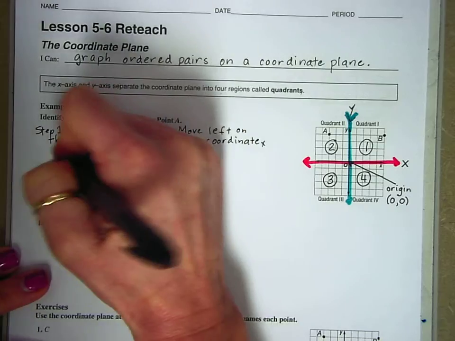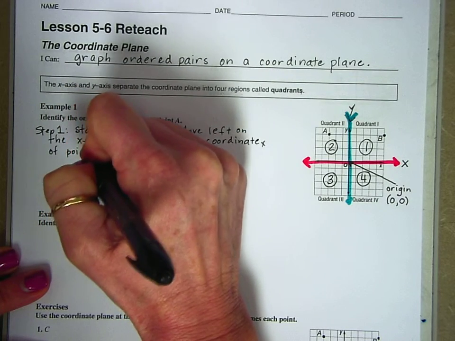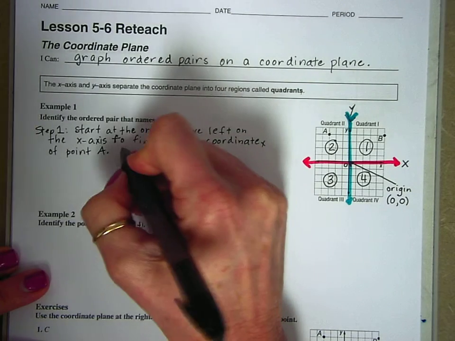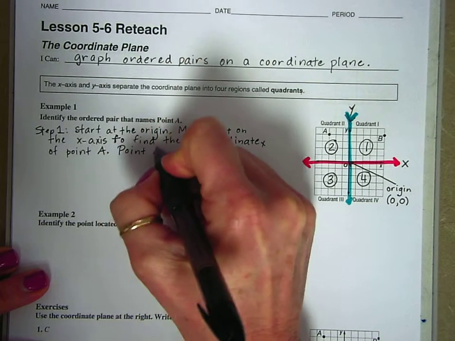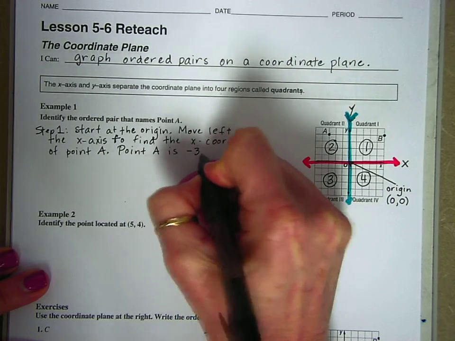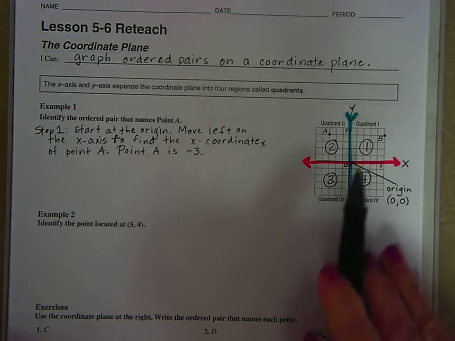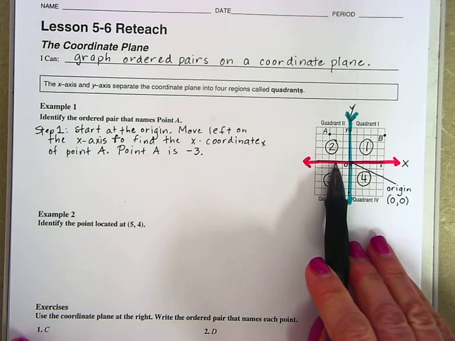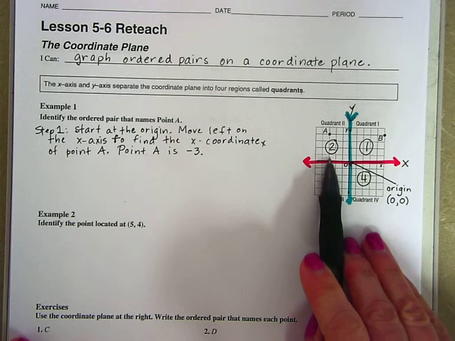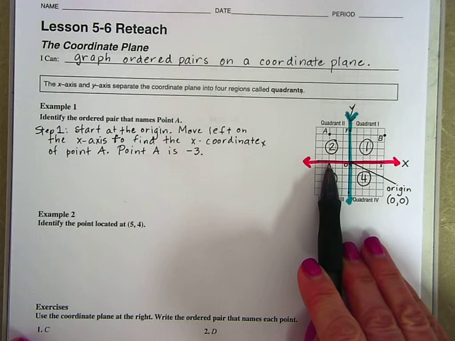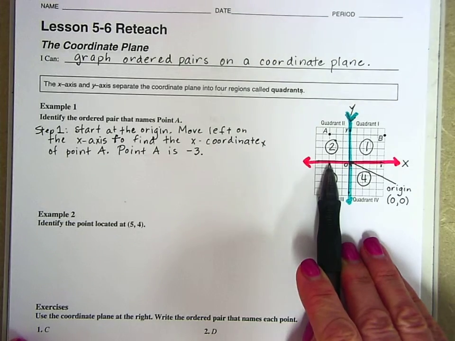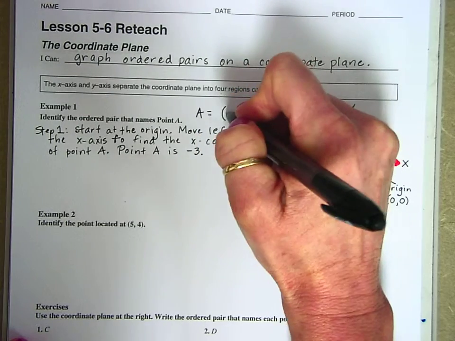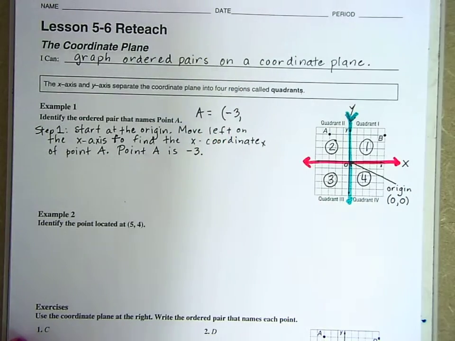Point A is -3. So starting at the origin, knowing I'm trying to get to A, I'm going to say -1, -2, -3, because you can see that it's located right there on -3. Okay, so we know that we're at -3. So let's just do that. A is -3, comma.